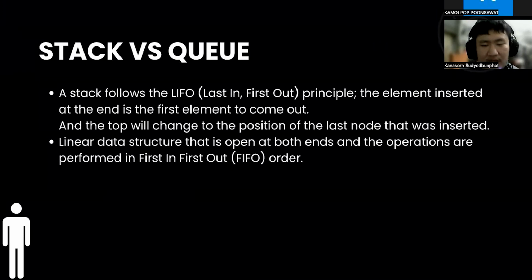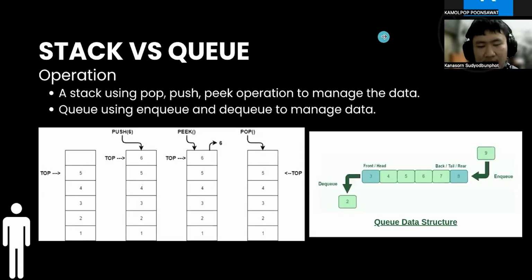After that, the operations are similar. Push and enqueue are used to add data, and pop and dequeue are used to get data from the stack and queue, but a stack has a peek operation that reads the value at the head of the stack, which is different from a queue. That's all from our group.